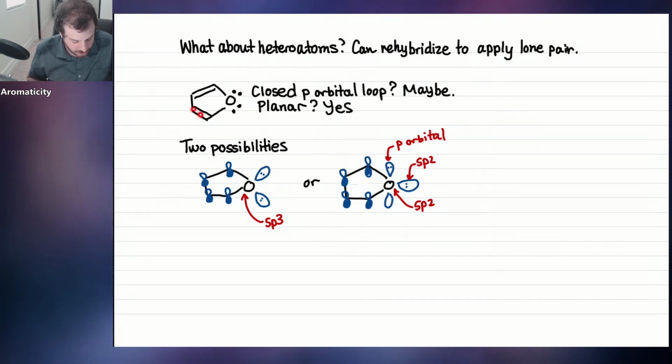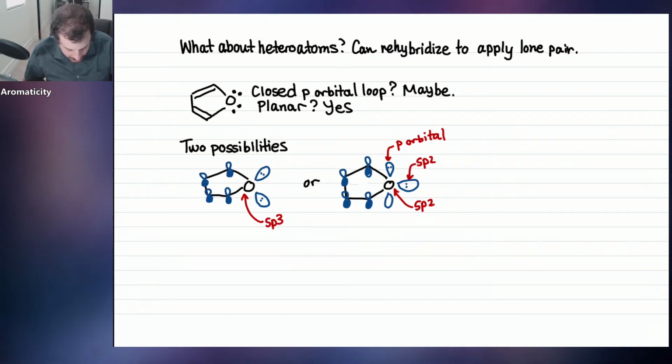So it'll be 1, 2, 3, 4, and that is bad. Remember that 4 electrons is anti-aromatic. So it would be preferred actually for one of the lone pairs on oxygen to contribute to the pi system to increase from 4 to 6. And so that's indeed the case.